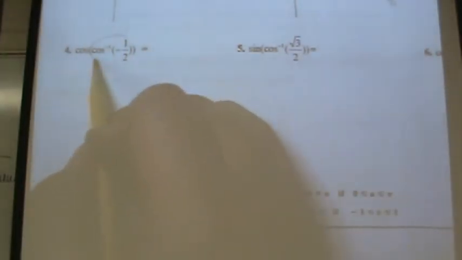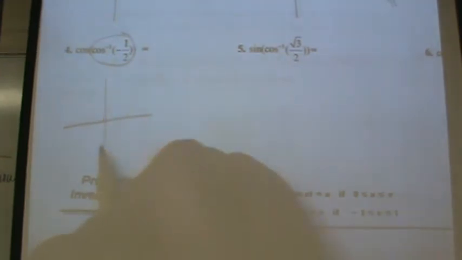Then we also have composites for the cosine, just like we did with the sine. So for this, again, we're going to do the inside, and then put that into the outside. Just be -1/2. So we're going to be over here, we're going to go -1, and our hypotenuse is 2.